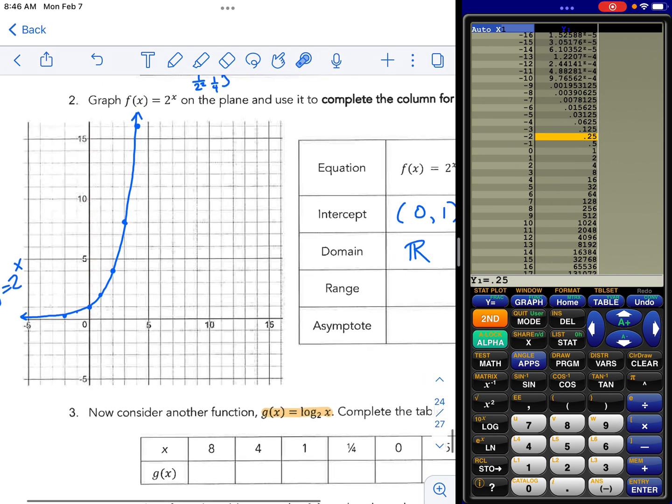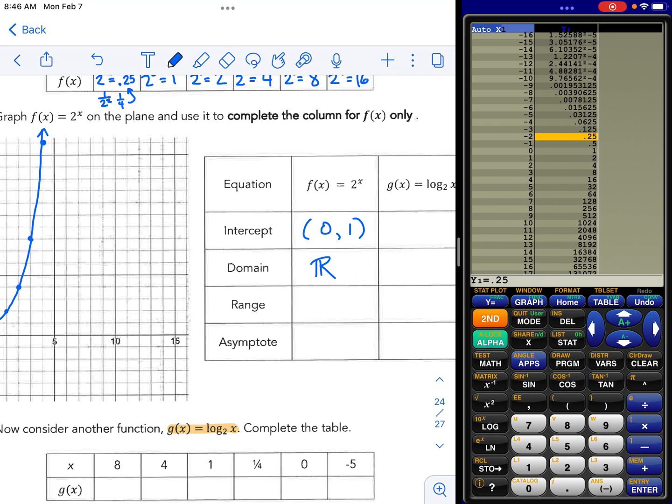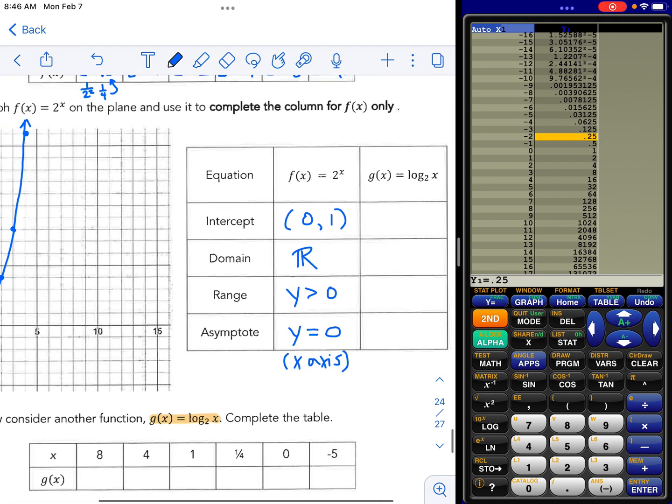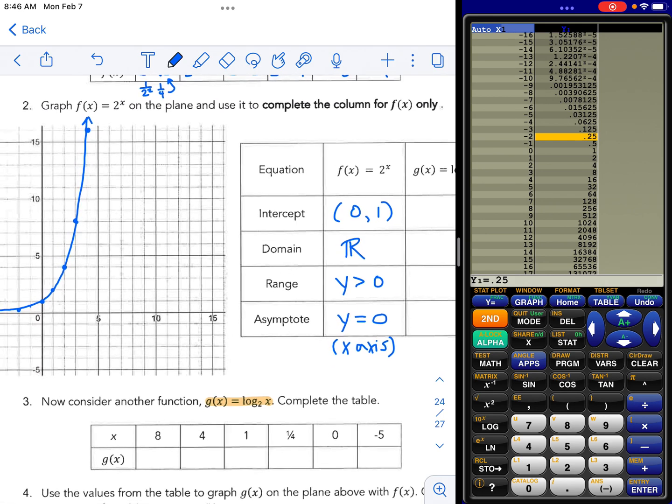And the range is, we're just using the positive y values. So that range is y greater than 0, excuse me. And then that makes writing the asymptote easy, because the asymptote is just what you see for the range. Just change it to an equal sign. That's the x-axis. That's what y equals 0 is.